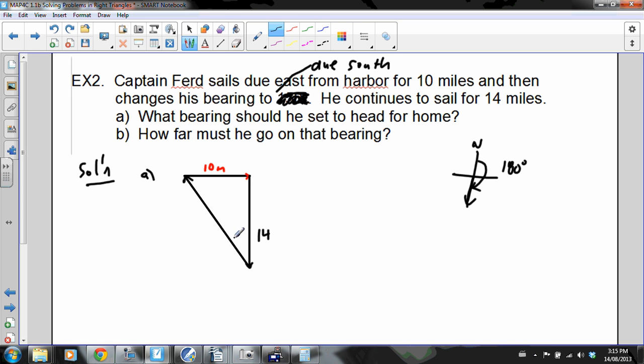Head straight home. So we kind of have to find this angle, don't we? Where east and south make a 90-degree angle, and so we want to find that angle. Notice that angle is actually not going to give us the bearing. We'll have a little more work to do than that, but that's the opposite side. That's the adjacent side. Again, the hypotenuse we're not using.